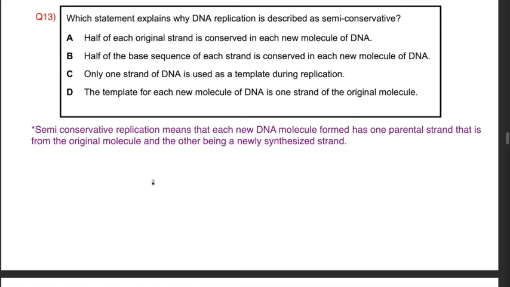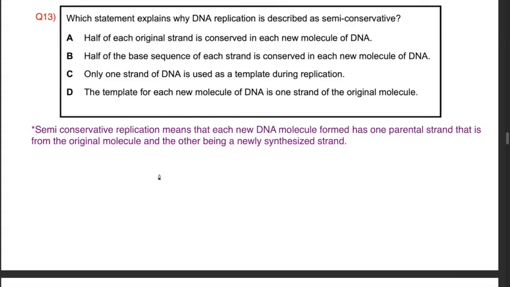That is correct, because if you recall the process of DNA replication, the DNA molecule unwinds and unzips, forming 2 strands. Both strands act as templates, and since 2 DNA molecules are formed, only one strand from the original molecule is conserved in each, because from the 2 strands, one goes to a new DNA molecule, the other goes to another DNA molecule.